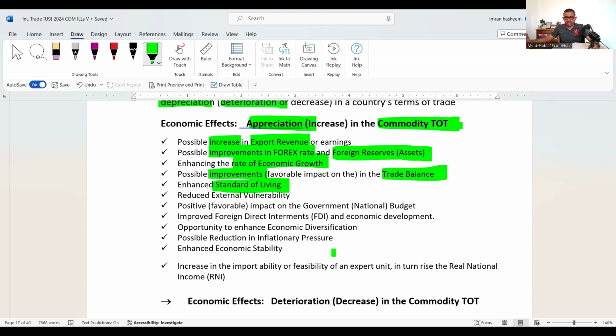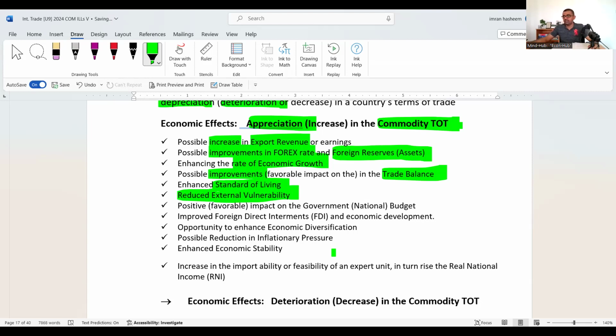So that possible negative impact that could come from international trade, we have managed to reduce it, right? So reduce external vulnerability, right? Are we okay? Please ask if there's anything confusing.